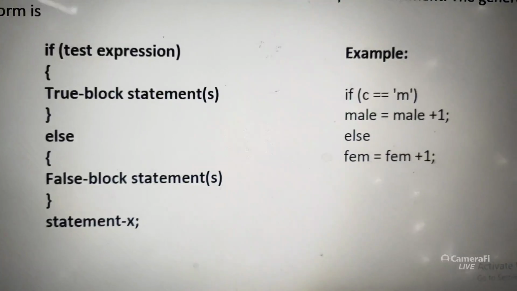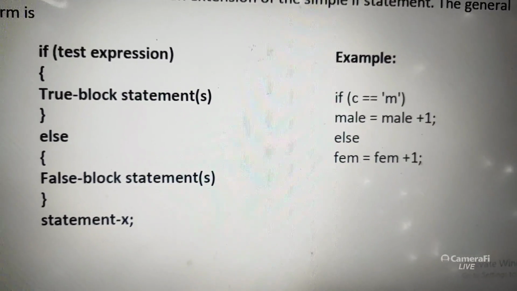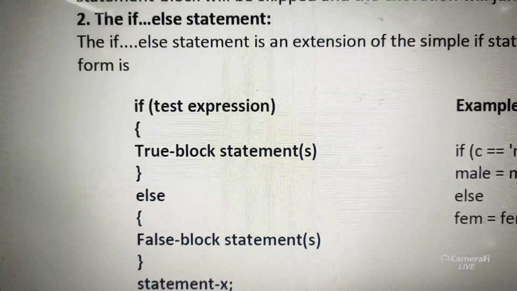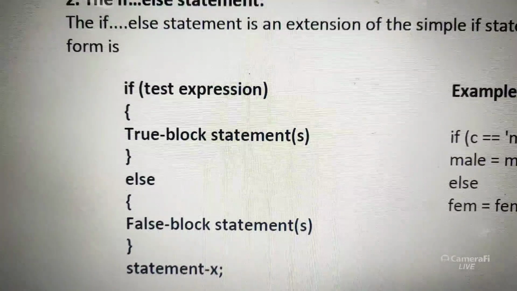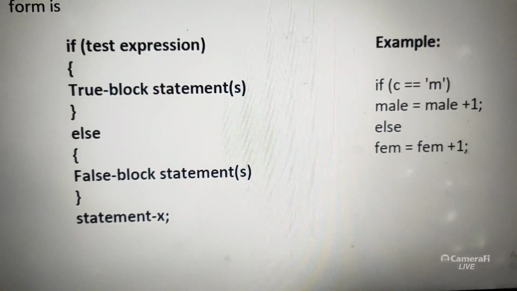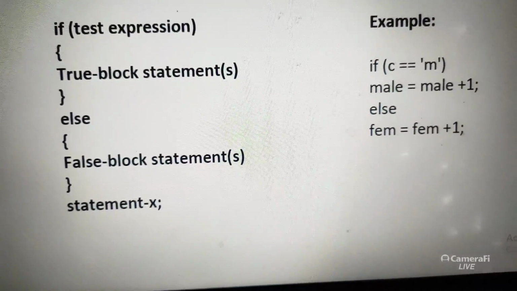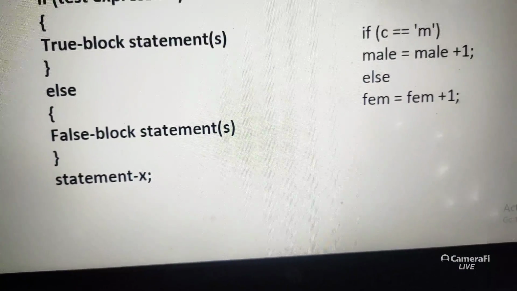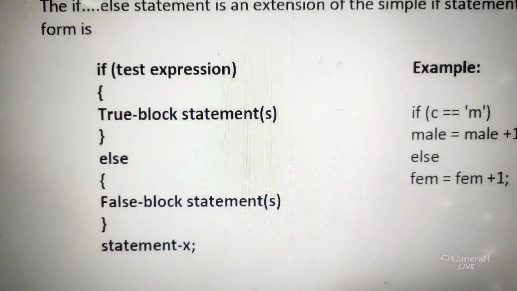No need to always check for M or F. So if else, the second one, has an extension with else also. If true, then male equals male plus 1, write in the male file. If it is not male, no need to check for the F character. Directly put it into the female file. Female equals female plus 1.